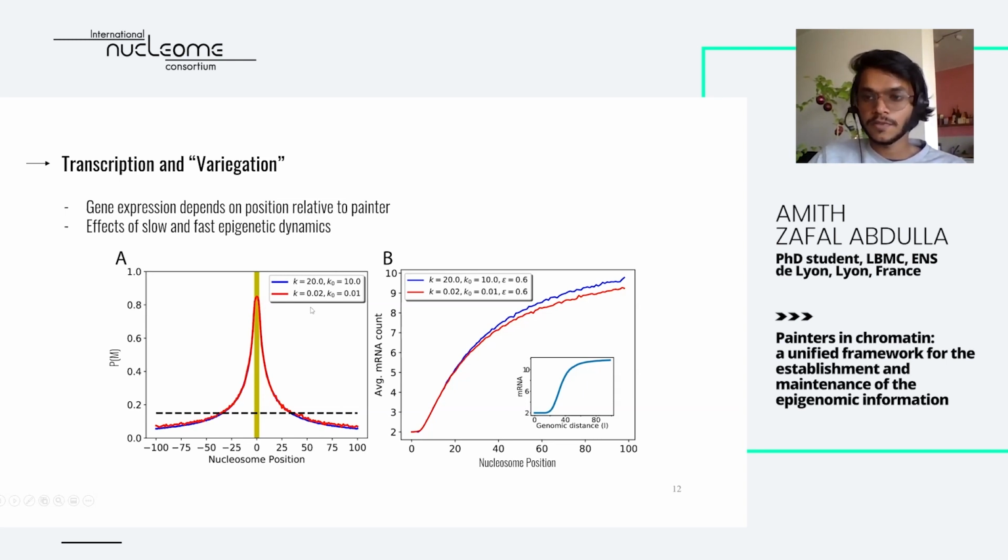So slow and fast epigenetic fluctuations, the fluctuation between M and U states, is what we're talking about with respect to transition. But we can have the same steady state profile by keeping this ratio constant.